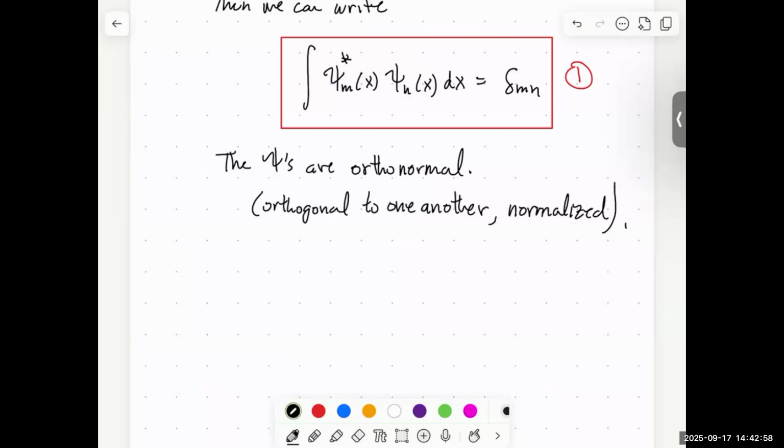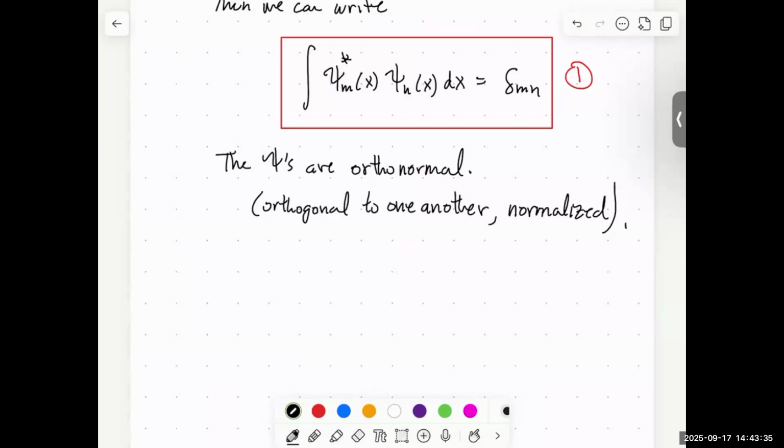It is a general fact that I could take my infinite set of stationary states and write any other function inside this domain as a linear combination of those states. It's exactly analogous to the Fourier series. The Fourier series is a bunch of sines at different frequencies. I could add them up with different coefficients in front of each term, and as I adjust those coefficients, I can make any other periodic function.